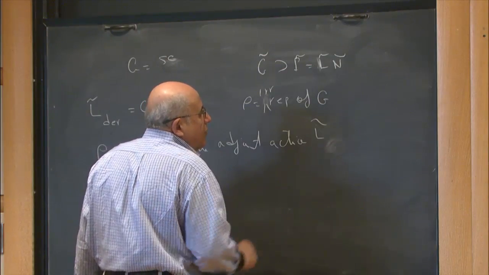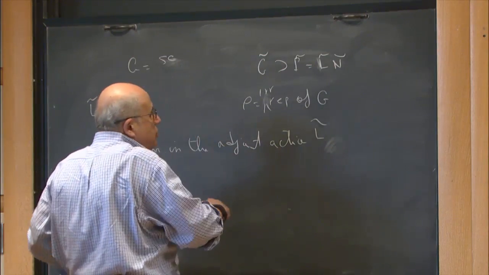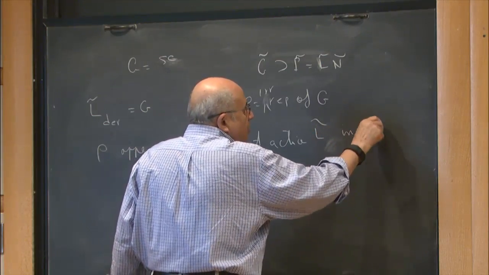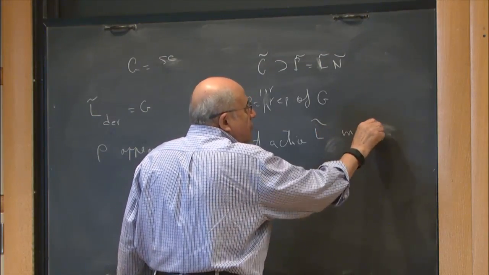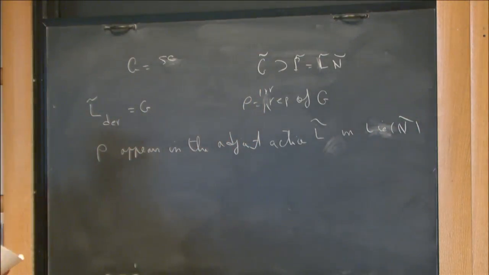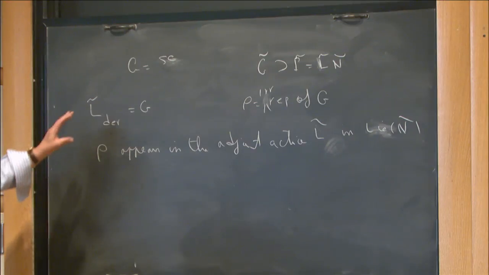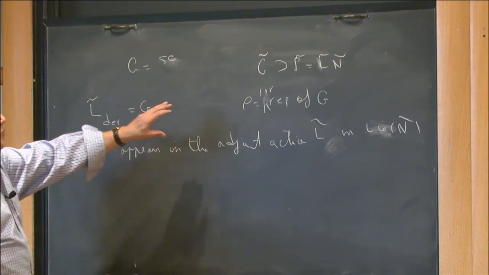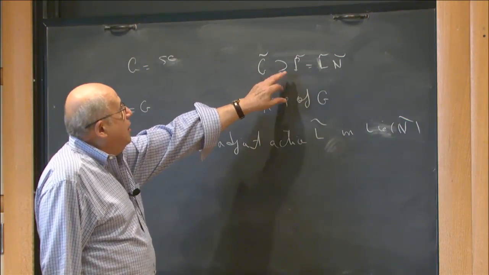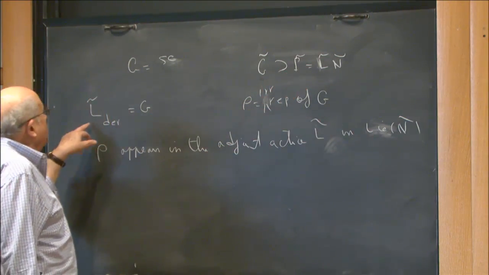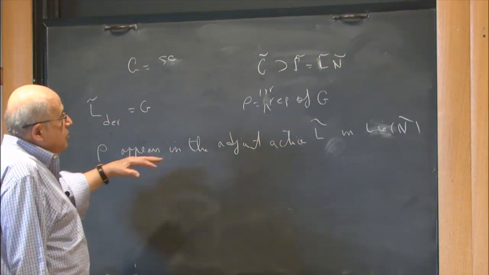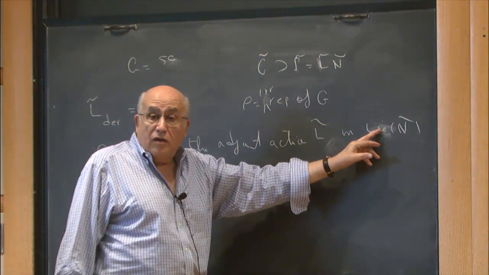In fact, L tilde itself, restricted to the simply connected piece, acts on Lie of N tilde. Just like what happens in the finite dimensional cases, you can always do that. There always exists a complex Kac-Moody group and a Levi inside it with the derived group of that Levi equal to G, so that this representation rho appears in this action of L tilde on Lie of N tilde.